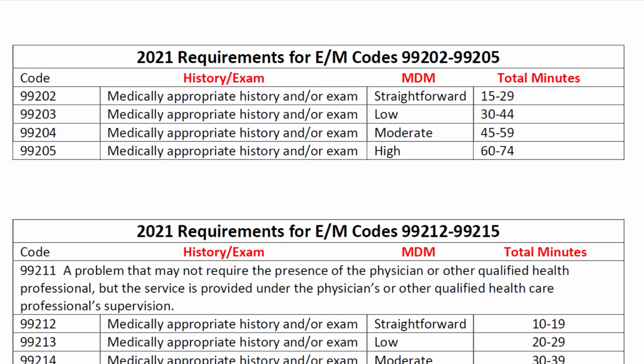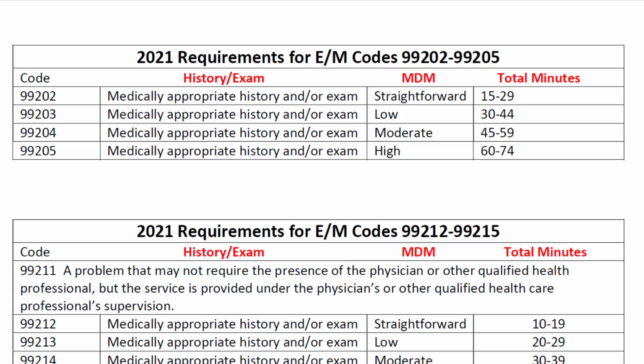Now we go to the chart below that, and that's for the established patient, and that includes 99212 through 99215. I did add in there 99211 because although it wasn't eliminated, it doesn't have anything to do with time or medical decision making.